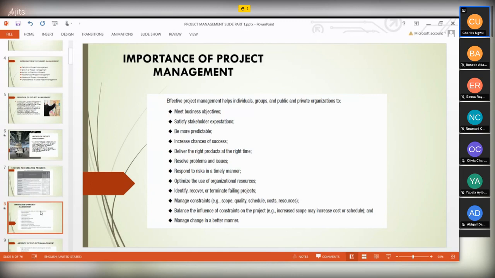So, manage change. A good project manager should be able to manage change. In organizations, people don't like change. A lot of people prefer to be in their comfort zone. But most of the time, comfort zone doesn't bring more money, it doesn't bring profit. So when you are trying to implement a project or managing a project, you need to manage change.